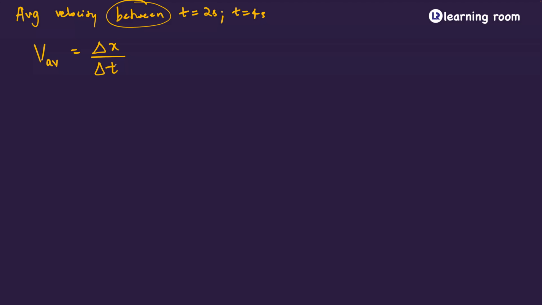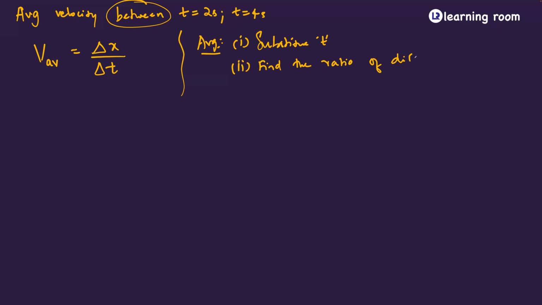V instantaneous is dx divided by dt. Whenever you have average value, first step is substitute t, then find the ratio of differences. Is the point clear? So what is the expression?